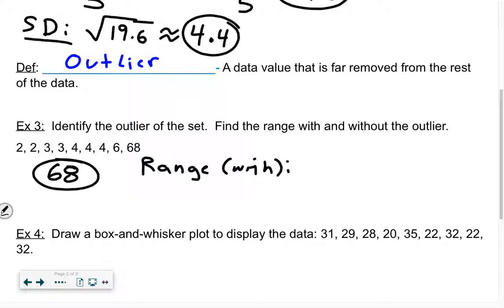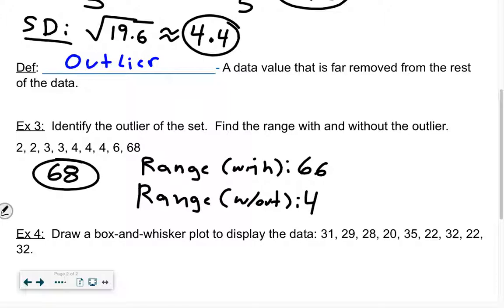If we find the range with it, what is it going to be? Yep. We find it without. No, sorry. There you go.